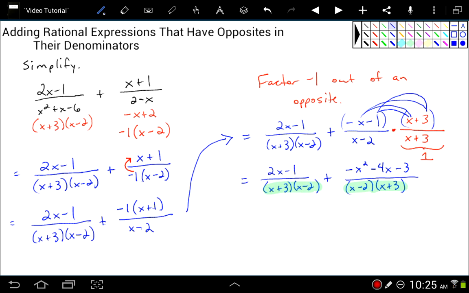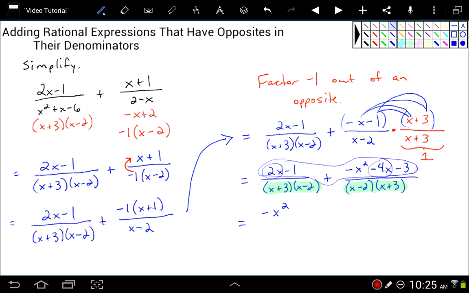Since they match, I can add my numerators together. So I'm simply combining like terms on the top now because my denominators are the same. So my squared term, the only squared term that I have is negative x squared. So I'll write that first so that I keep my answer in descending order. Then I've got my x terms, so I have a positive 2x and a negative 4x.